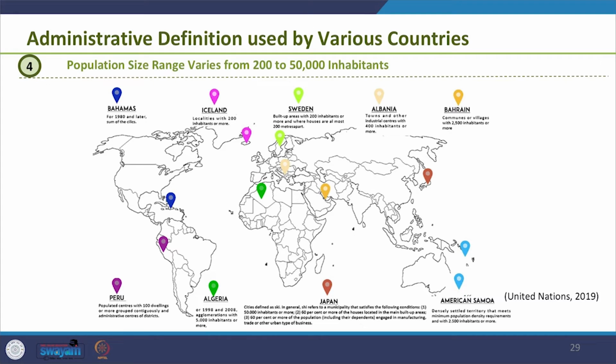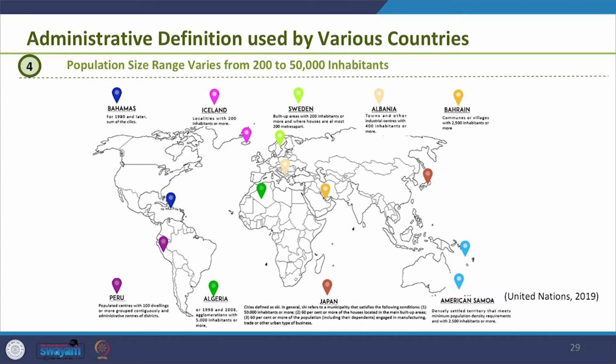Sweden again identifies by 200. So these are very sparsely populated places, and for them the urban population would be where 200 inhabitants live. Whereas Japan has the highest, which is 50,000 inhabitants. Japan is a small place with a lot of people, so for them the urban area would be where 50,000 inhabitants live.